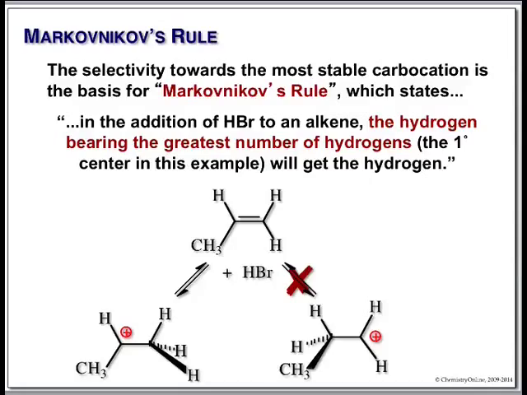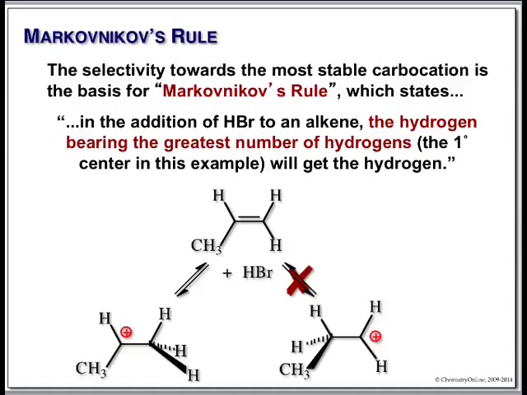This is a primary carbon attached to only 1 carbon. This one is attached to 2 carbons. But you said hydrogens. Right, well, that's what Markovnikov said. So you look at the alkene with Markovnikov: 2 hydrogens here, 1 hydrogen here. This guy gets a hydrogen.